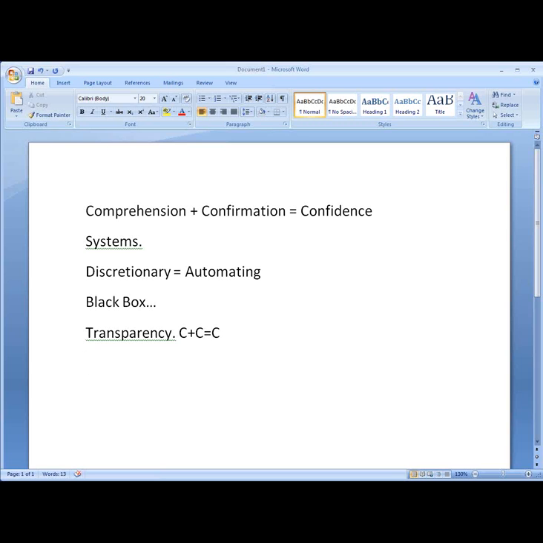And because they never took the time for comprehension and confirmation, they've got nothing else to fall back on as far as knowledge to make the necessary changes to adapt. Okay? So don't let your trust in somebody or something make you leapfrog comprehension and confirmation.